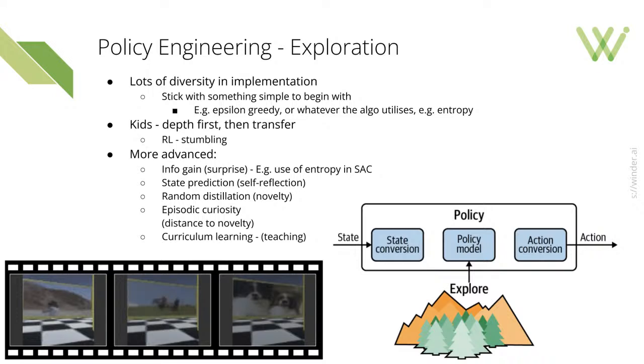Actually, I will mention this image though. The image at the bottom left is a really cool experiment demonstrating an idea called surprise or information gain. Basically, this method of exploration provides a bonus to the agent if it finds new states.